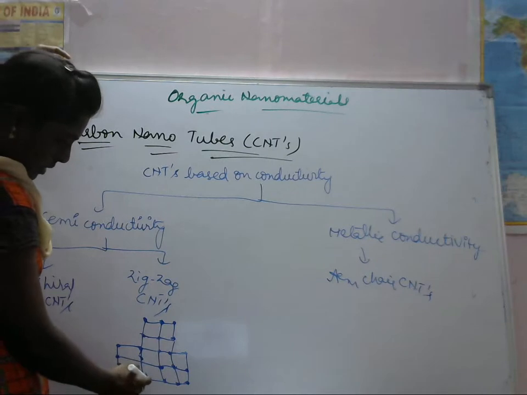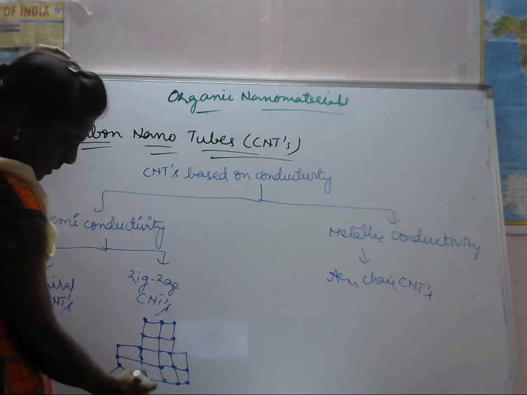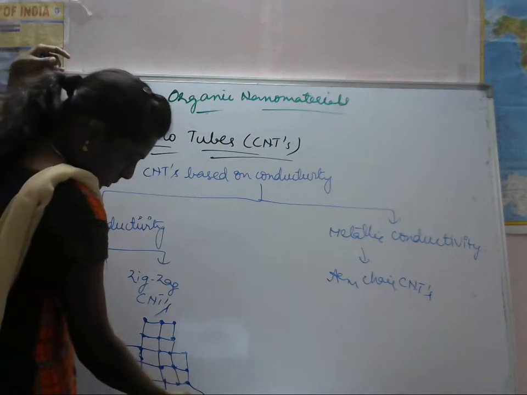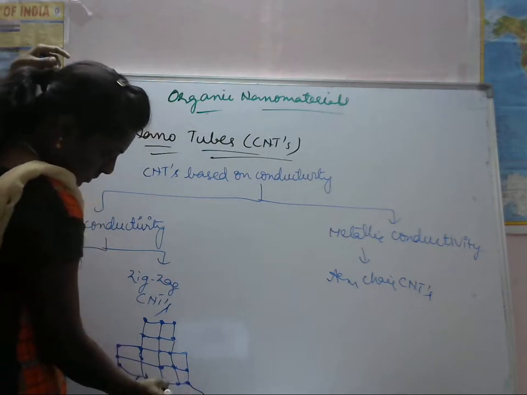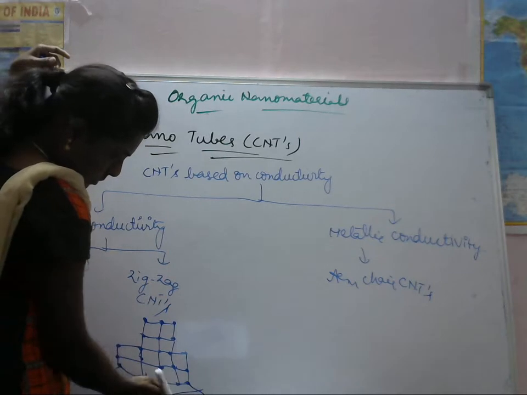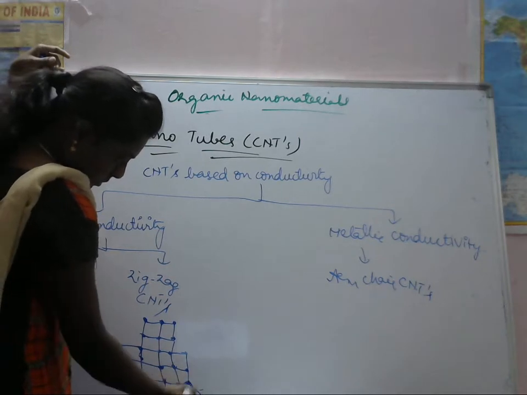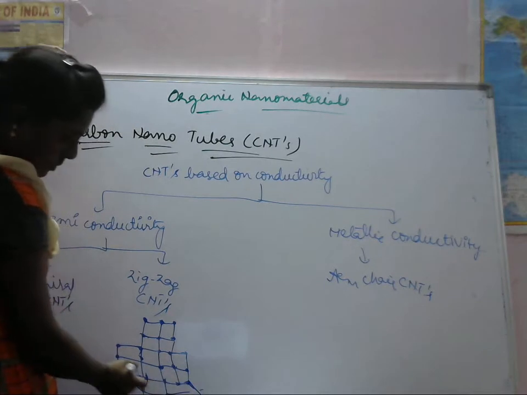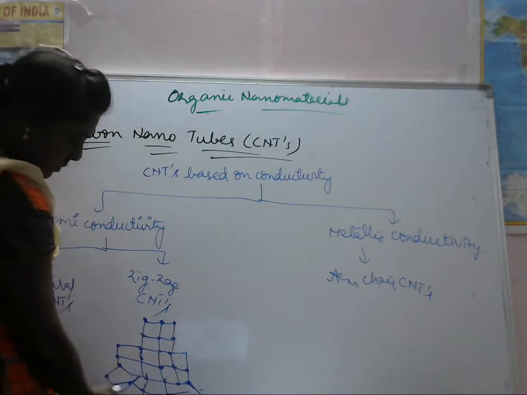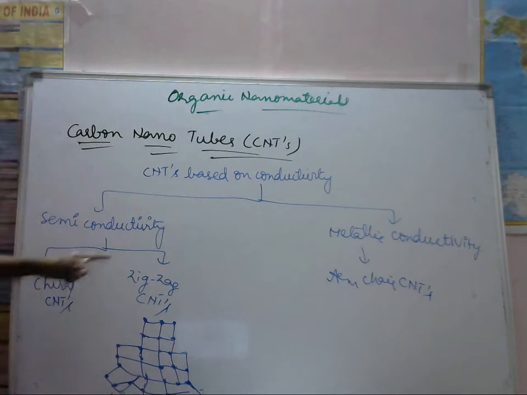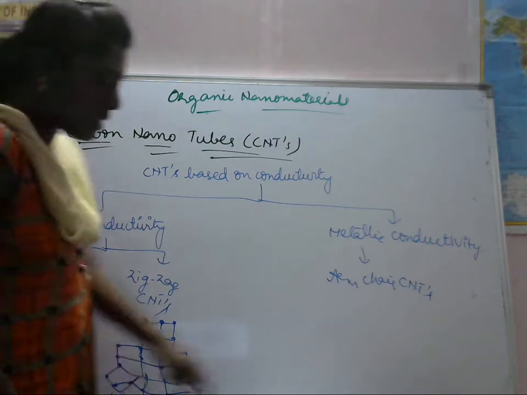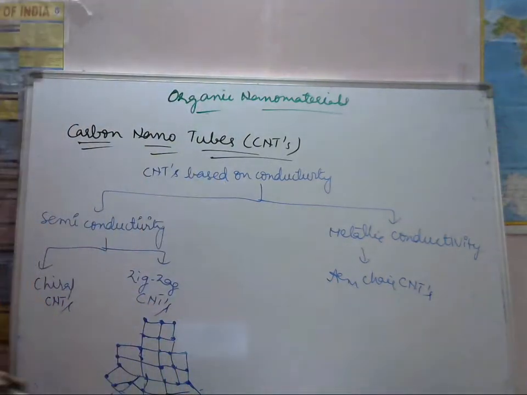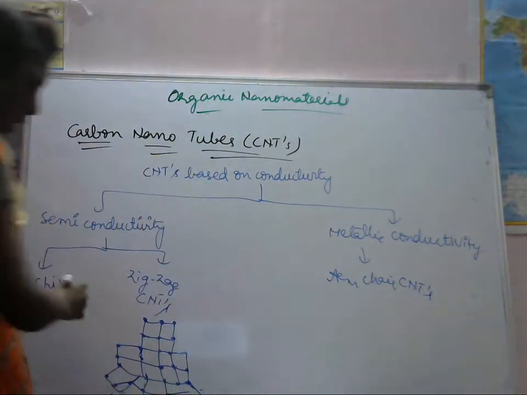Like this it exhibits this one. Okay, here this is a type of zigzag CNT type. Okay, zigzag CNT type. And let's see this chiral one.